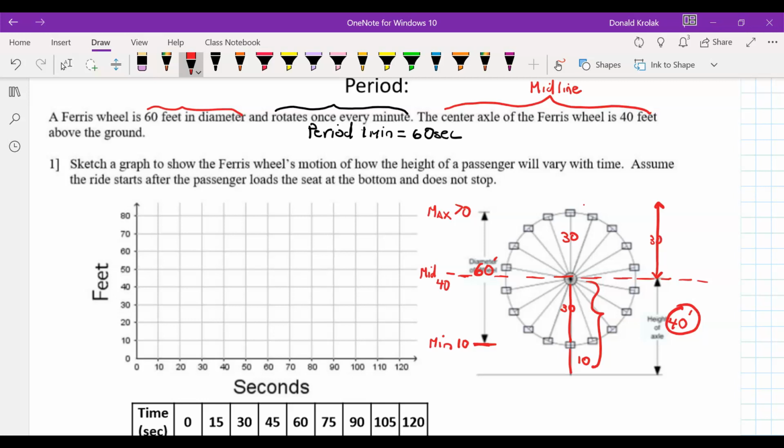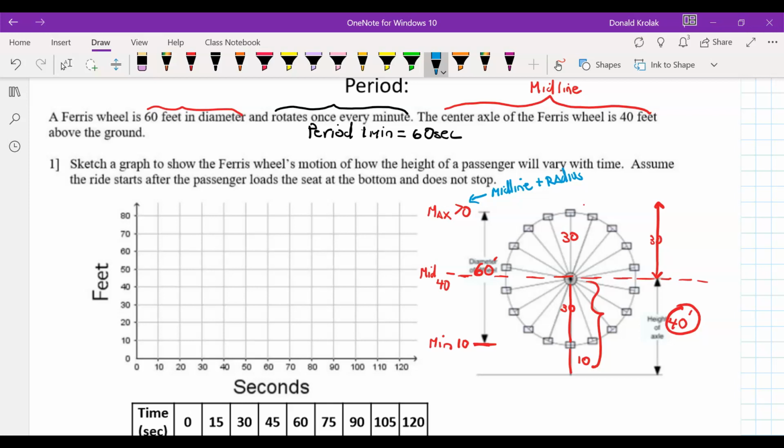And then all you do to get the max and the min is you take this one up here, this is the midline plus the radius. That's the midline plus the radius.